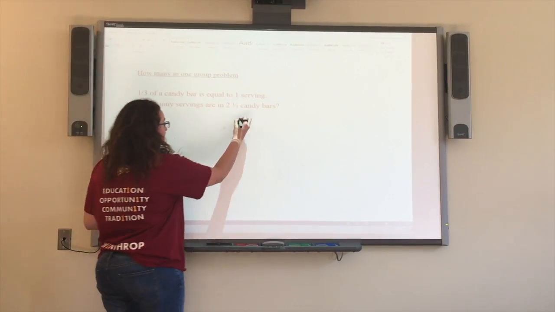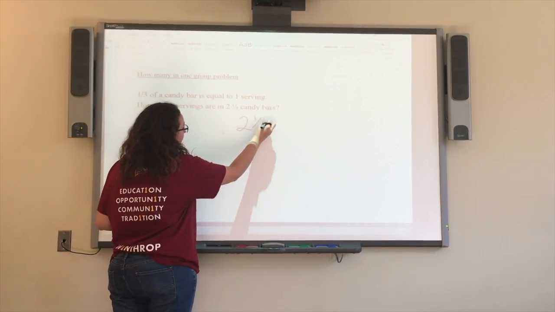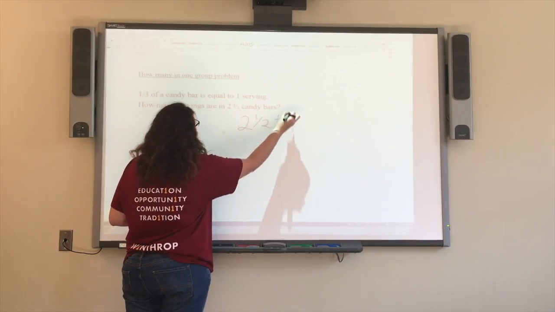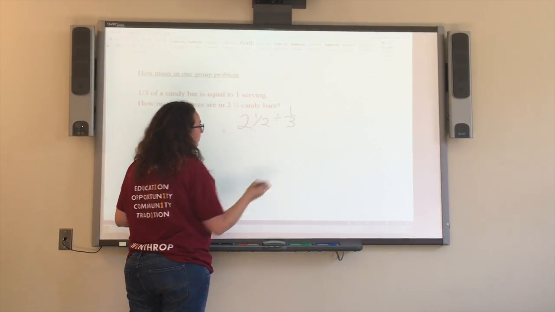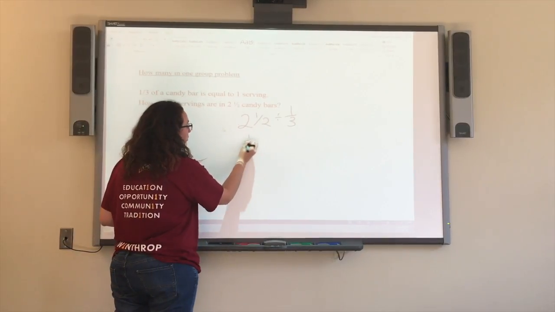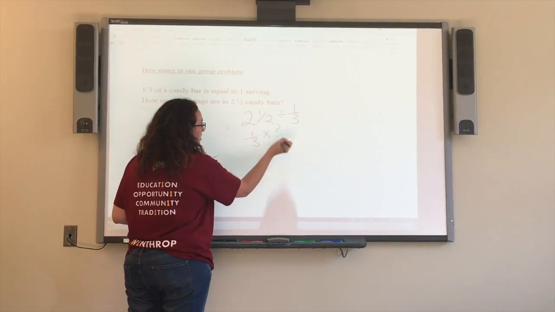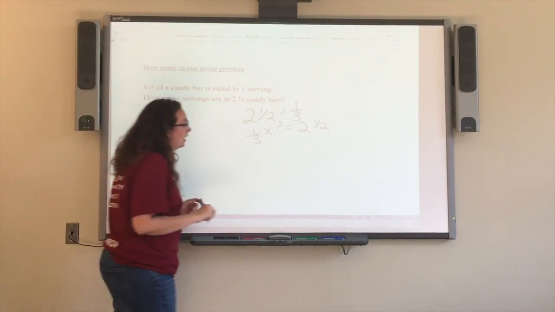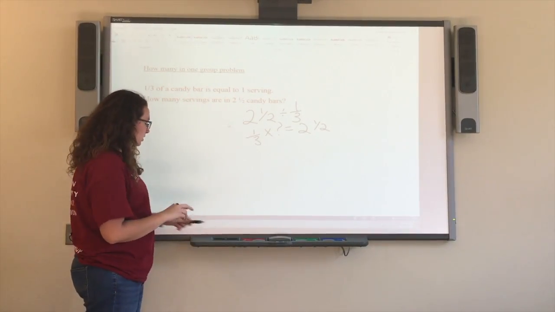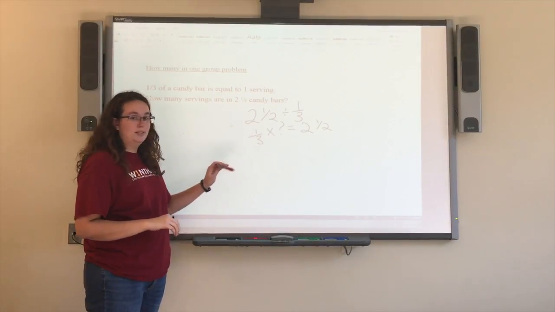And we're going to say 2½ divided by 1/3. All right? And this is also the same as saying 1/3 times question mark equals 2½ or 5/2. They're the same thing. So I'm going to use a picture model to represent this.